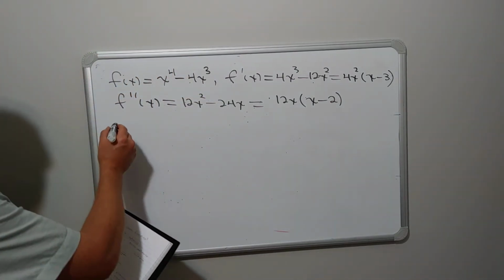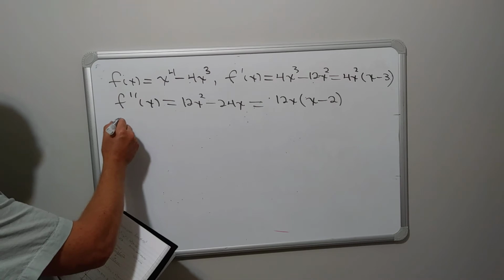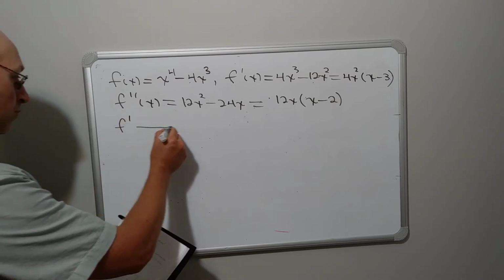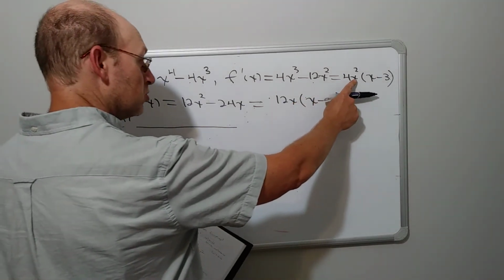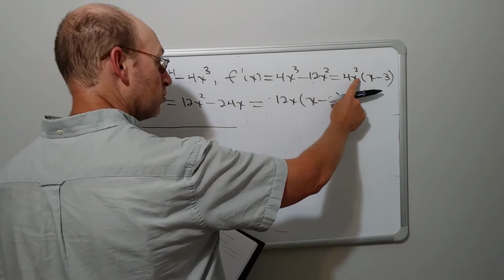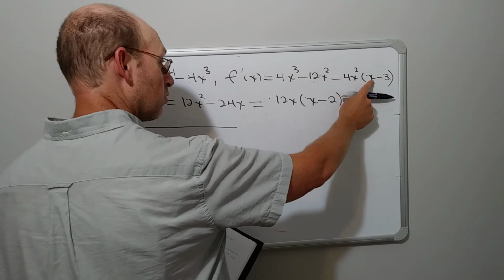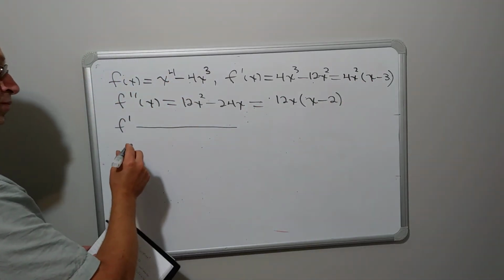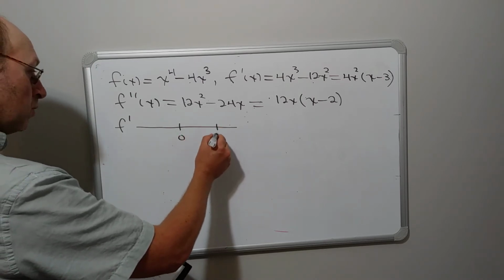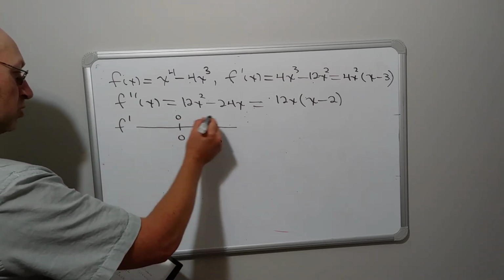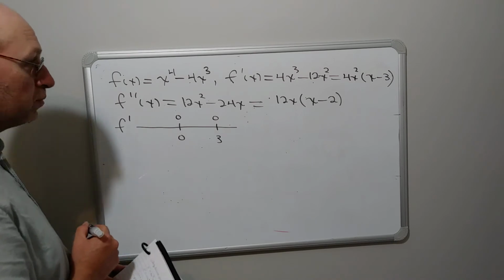Alright, so let's compute the number line for f prime. The roots are clearly 0, the critical numbers are clearly 0 and 3, setting it equal to 0. So we have 0, 3. At both places, the first derivative is 0.